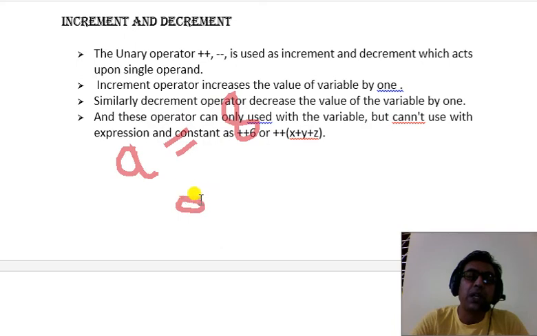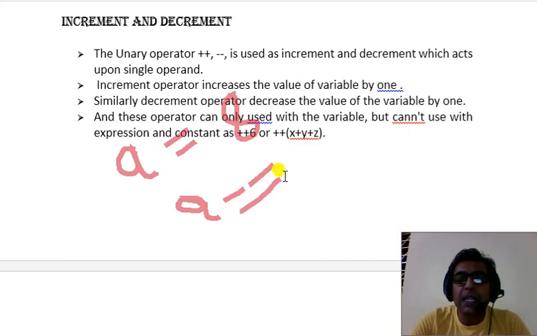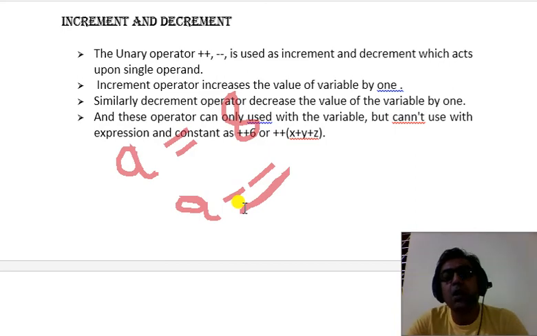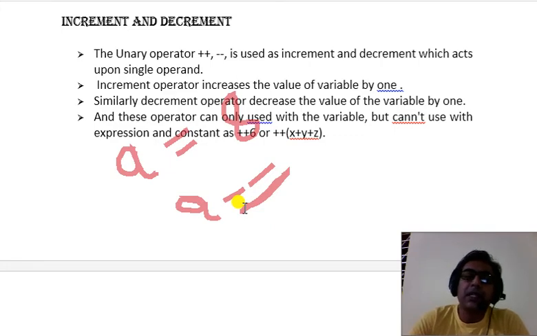Here this minus minus is an operator, a symbol which will decrease the value of a variable by 1, and this minus minus symbol is called the decrement operator. So when a is equal to 8 and we use a minus minus, it will decrease the value by 1. Okay.